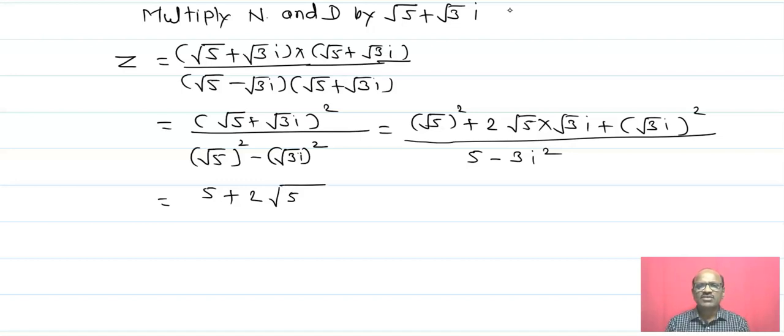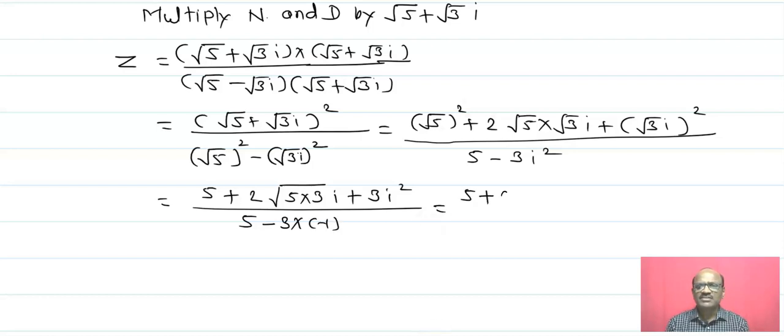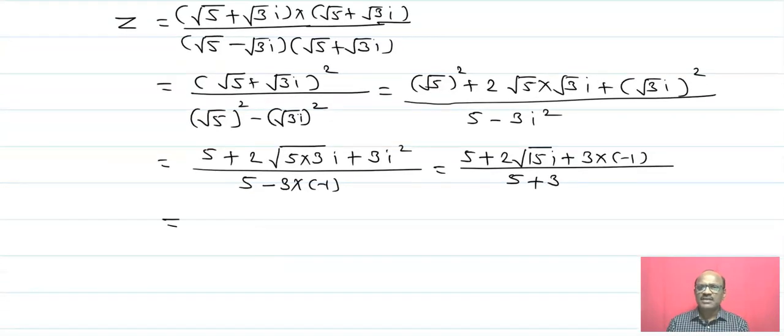(Root 5) squared means 5, plus 2 root 5 root 3 i plus 3 i squared, upon 5 minus 3 i squared means minus 1.